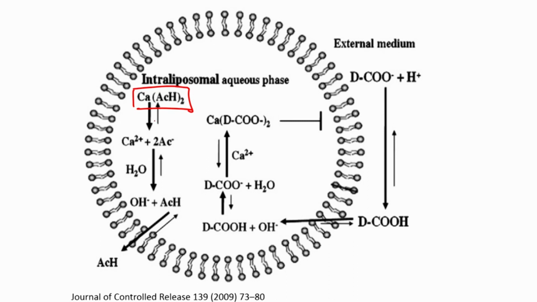Now, this calcium acetate in water phase is going to break down into calcium and acetate, which is not going to be able to diffuse out, right. I mean both of these are charged species, so they cannot diffuse out. And so, in this case let us say I have a drug which is a weak acid, which is DCOH, right.